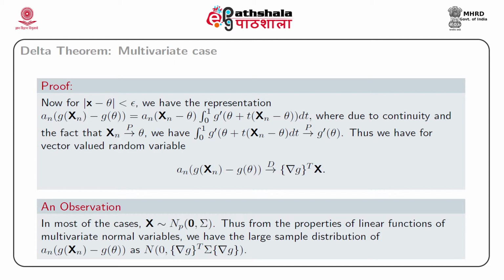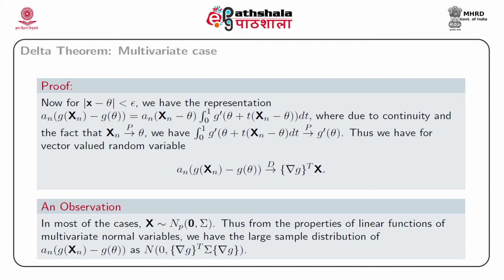So often we have the limiting random variable of the original sequence of random variables as p-variate normal with mean 0 and dispersion matrix sigma. Then from the properties of linear functions of multivariate normal variables, we have the large sample distribution of a_n multiplied by (g(X_n) minus g(theta)) as normal with mean 0 and variance, transpose of the gradient vector evaluated at theta multiplied by sigma, the whole thing multiplied by the gradient vector of g evaluated at theta.